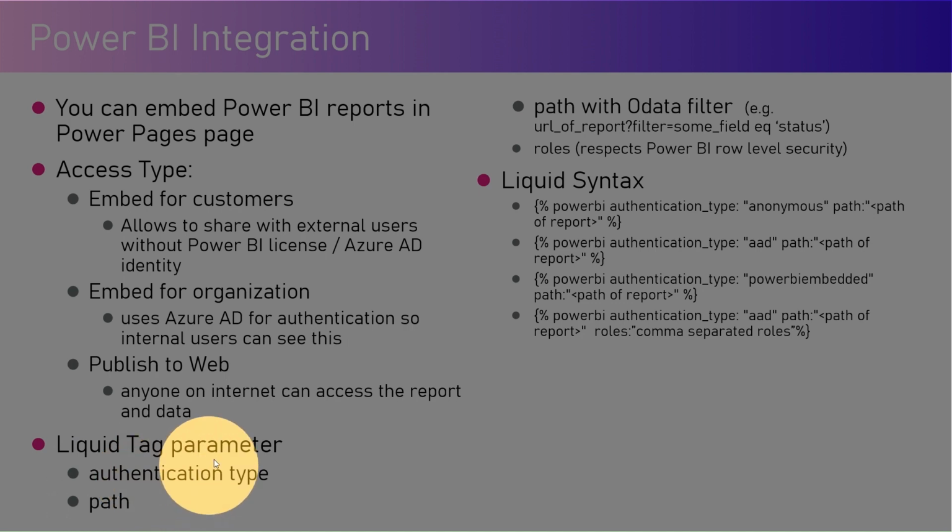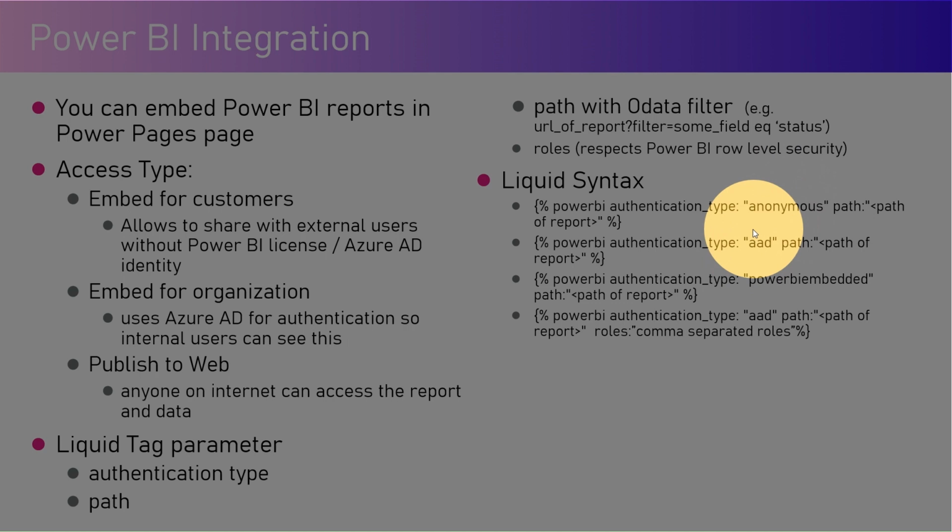So roles and the filter are optional, but authentication type and path are mandatory. Now, authentication type will be one of these: anonymous, AAD (Azure Active Directory), and Power BI embedded. The difference between these three types: anonymous is basically anyone can access that report. So any report which is published to web, which is open for all, you can use those reports here.